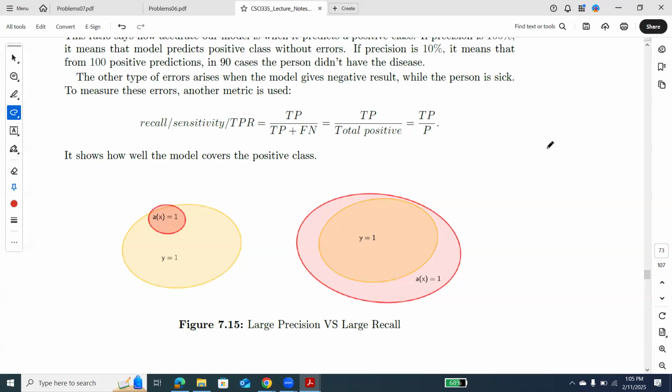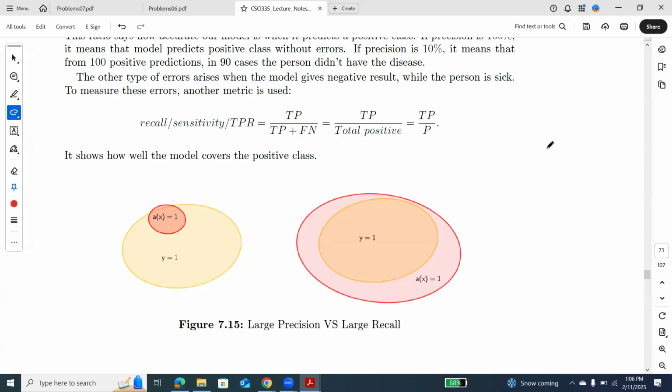Precision, which is the number of true positive... Oh, no. Sorry. Wait a second. Precision was 1 here. So recall is better. Recall is better, because recall will be 1 here. It's the true positives, the yellow circle over the yellow circle. So in this case, we want to maximize recall.